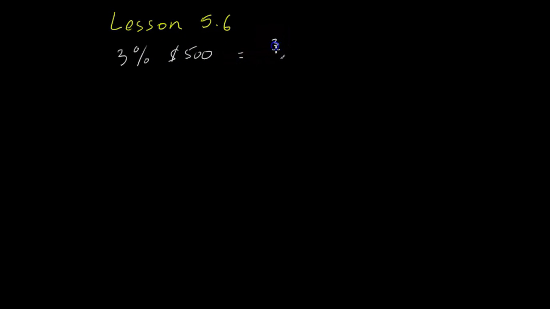So we already know how to do this. It's 3 over 100 times 500 over 1. That gives us 1500 over 100. The answer for that is, the two zeros cancel out, so we've got 15. So what does this mean?